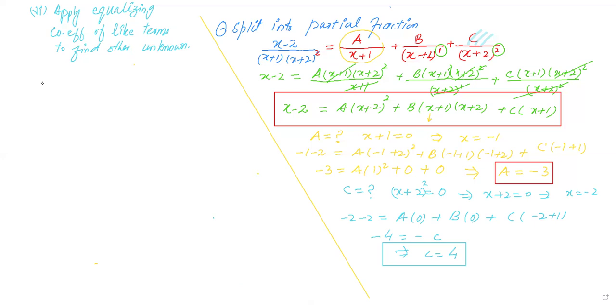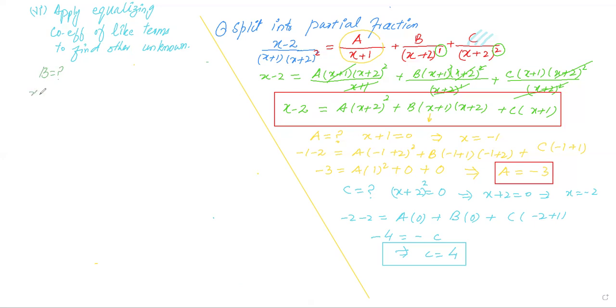I have to change the color. Suppose the color now is green. To find the value of B, you have to compare the coefficients, but the coefficients will be comparable only when you remove all the brackets.